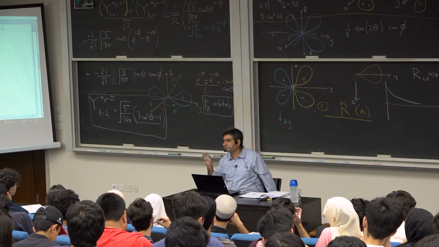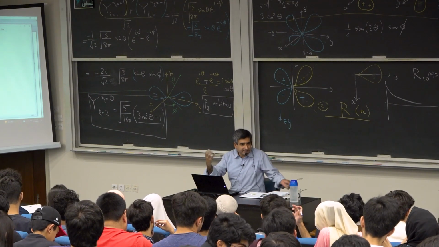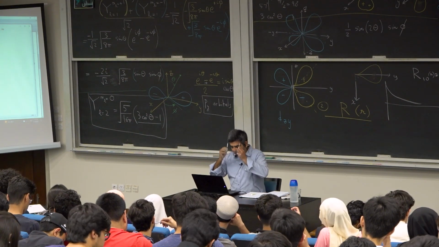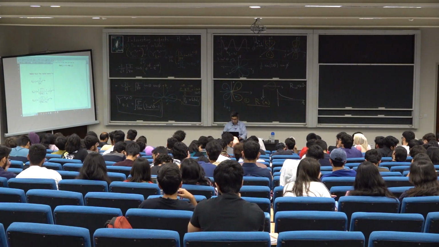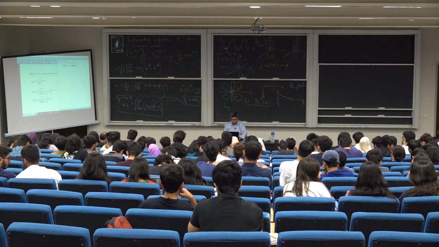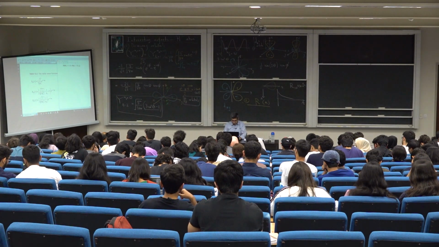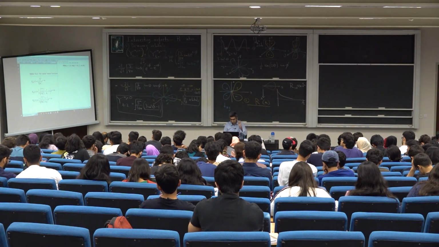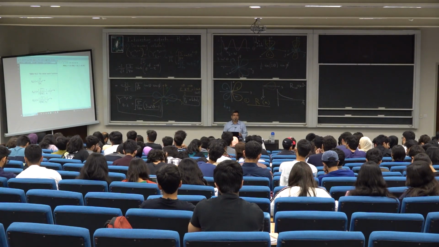I'm plotting everything with respect to r over a naught. a naught is just a number, I can take that to be 1. I'm just looking at the form of this function times exponent of minus r over 2, correct? And I want to plot this with respect to r from 0 to some value, say 4 or 5. This should give me a 2s orbital.